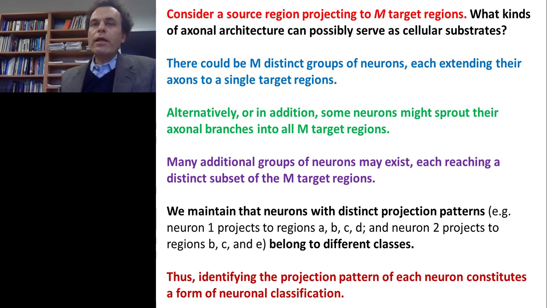And of course, there are many in-between cases that, for those who have studied these projections, are much more realistic, which is an intermediate number of neuron types that will project to a subset of the target areas. And our point of view is that if two neurons project to two different sets of areas, they represent different classes that will affect the network in different ways. So this is a form of neuronal classification.